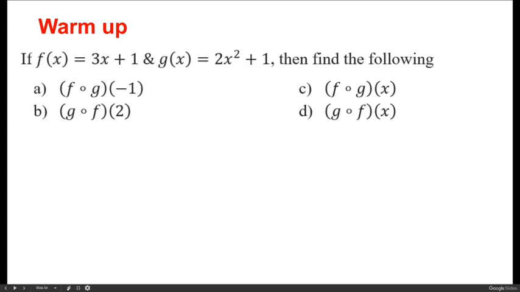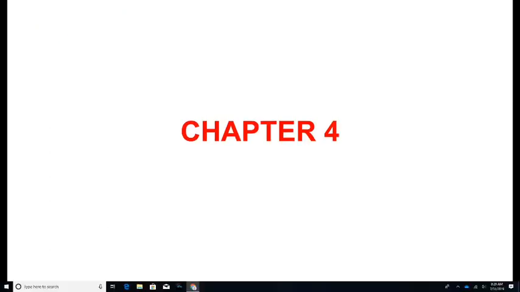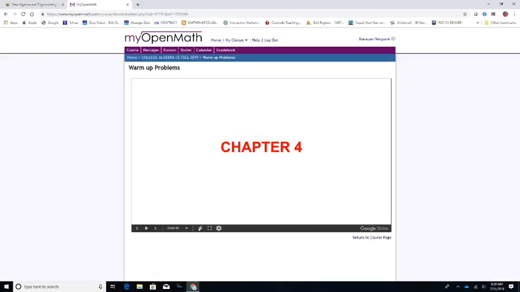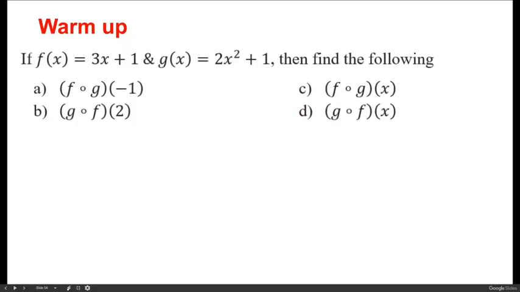Okay, now in the third part, in C, we are asked to find f o g of x, which is the same as f of g of x, which is equal to f of 2x squared plus 1.